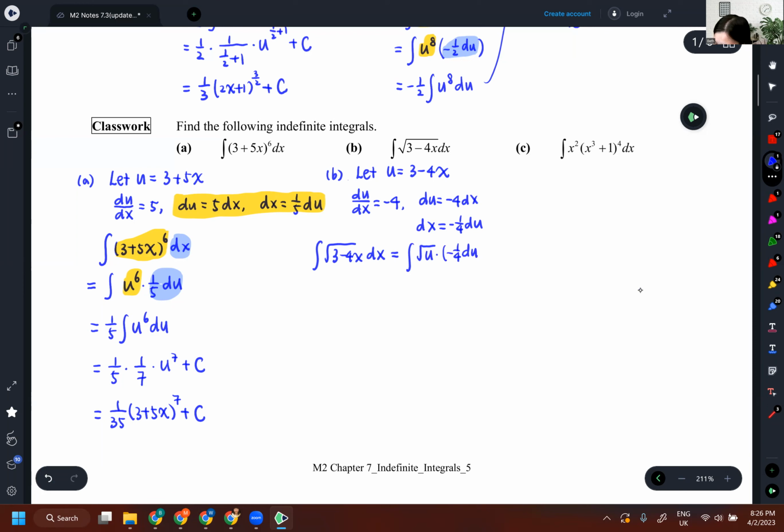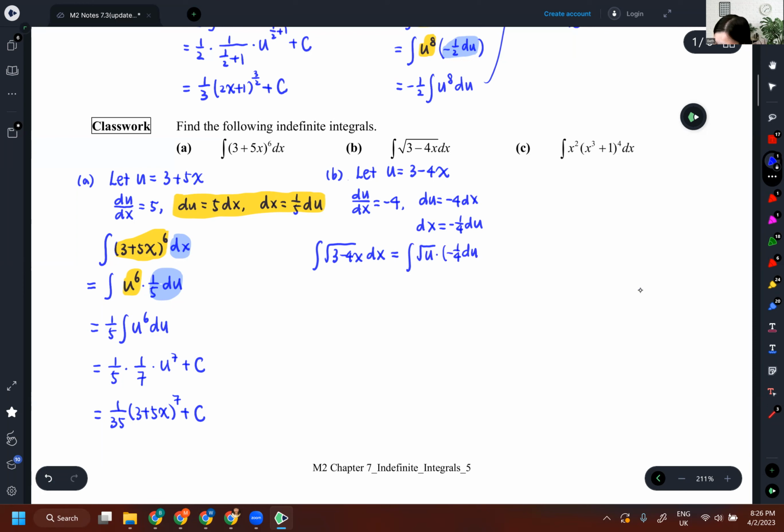That is negative 1 over 4, 1 over (1/2 plus 1), u to the power 3 over 2 plus c. And then you need to work it out. It's 1 over 6 (3 minus 4x) to the power 3 over 2 plus c.